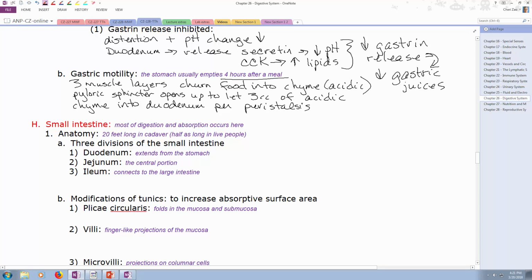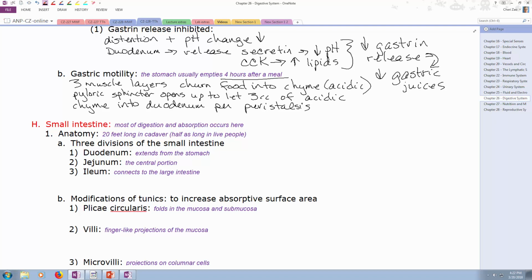So the stomach will churn, then it will stop churning, and it will have a nice peristaltic wave, which, remember, is squeezing the tube of toothpaste towards the pyloric sphincter. It will open just enough to allow 3 cc's of acidic chyme into that area.